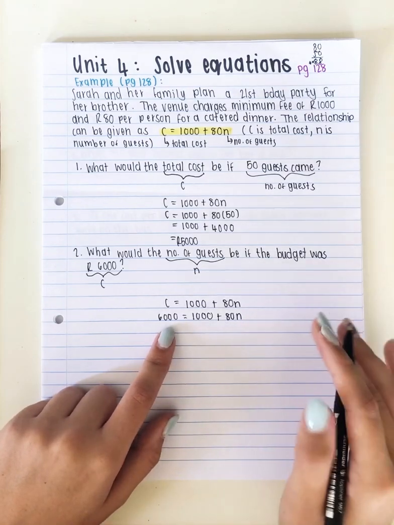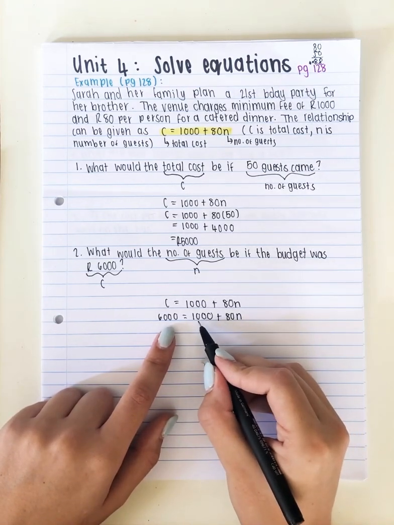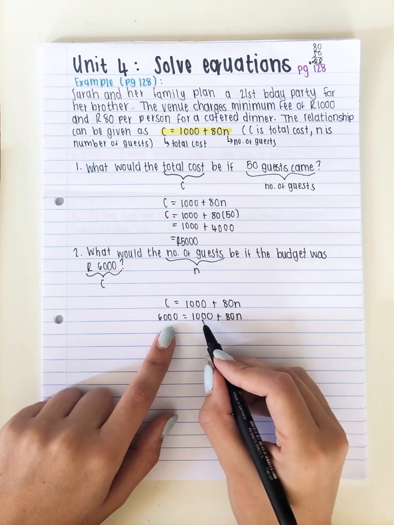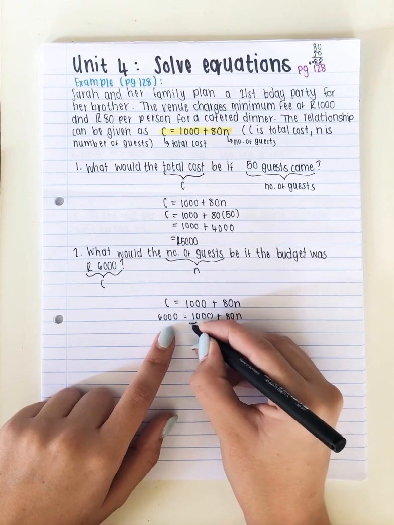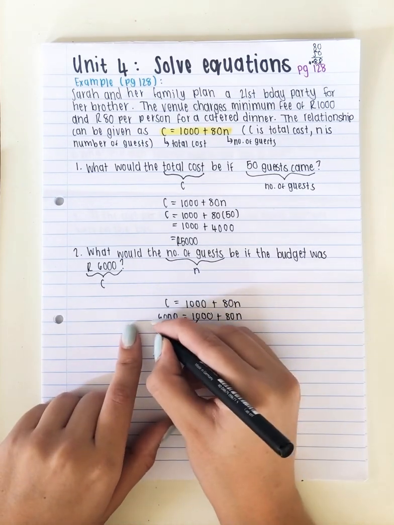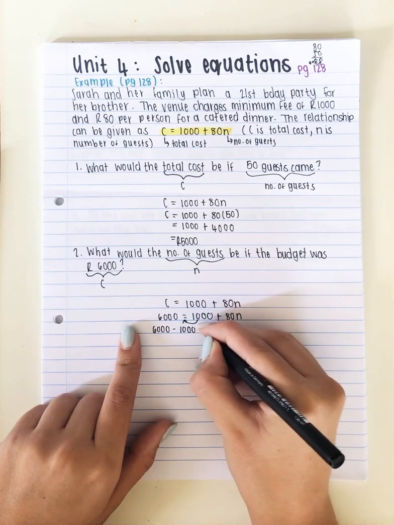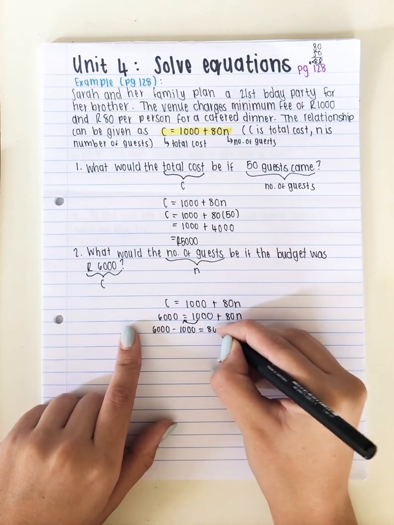Now I just manipulate the formula. I want to get N by itself. I've got 1,000 plus 80N. The first thing I need to do is take this 1,000 to the other side. So it's 6,000 minus 1,000 equal to 80N.